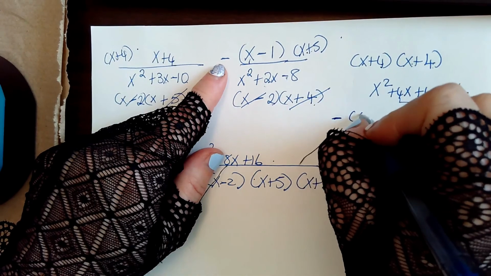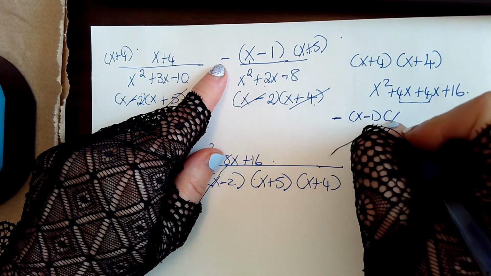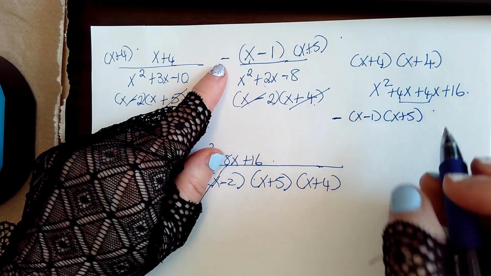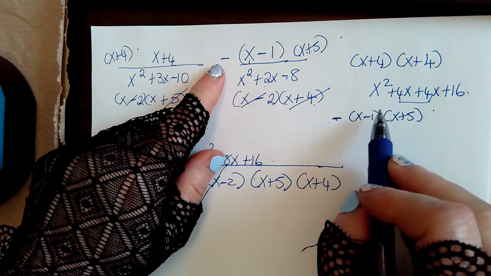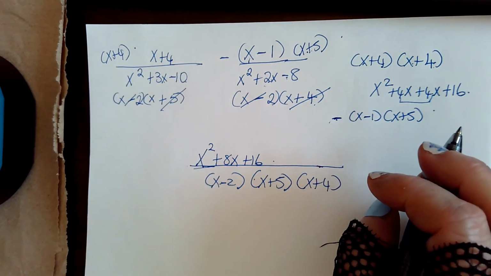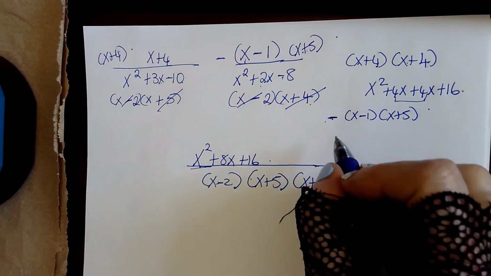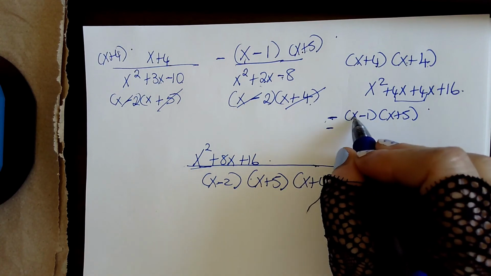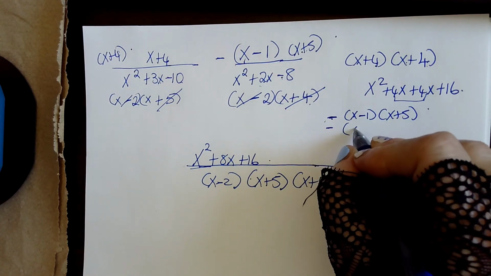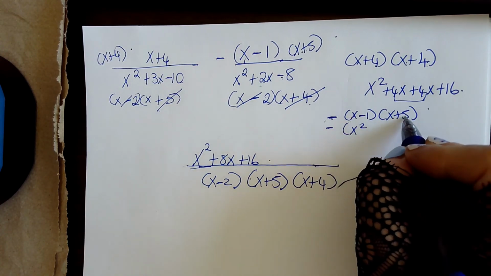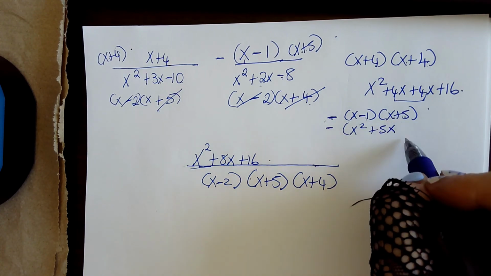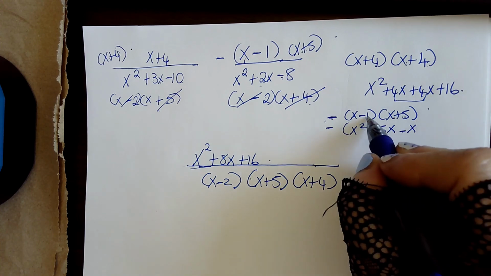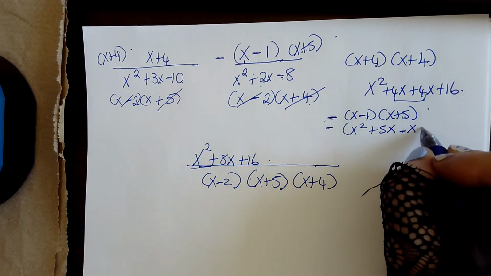So I'm going to write it here. And you see, I'm real careful. I've kept the minus right outside here. And at the end, I'm going to distribute a negative to all the signs, but not right now. So I'll bring the minus here. This becomes x squared plus 5x, inside terms minus x, minus 1 times 5 is minus 5.